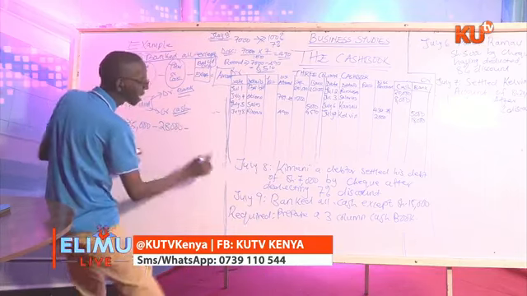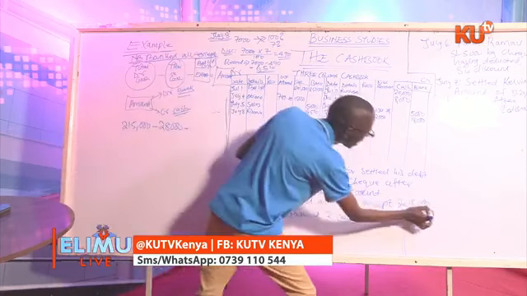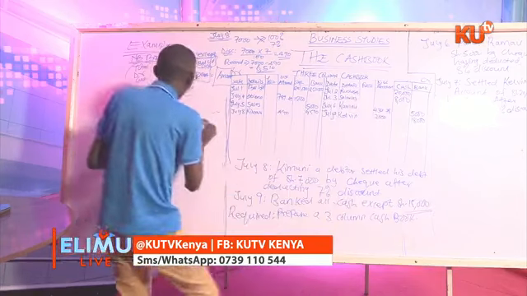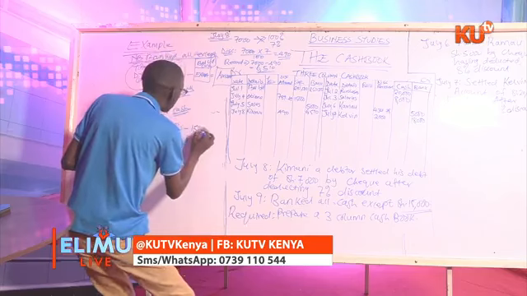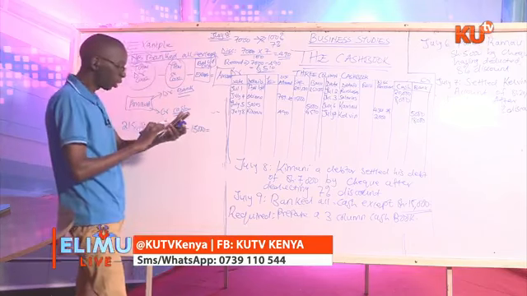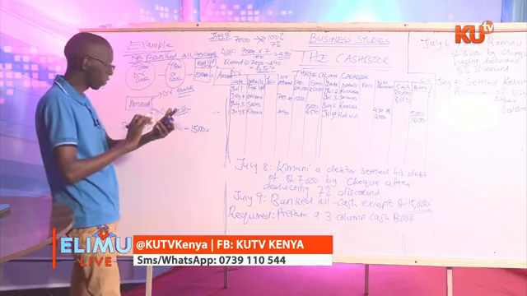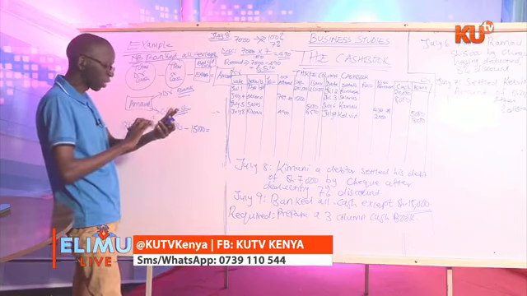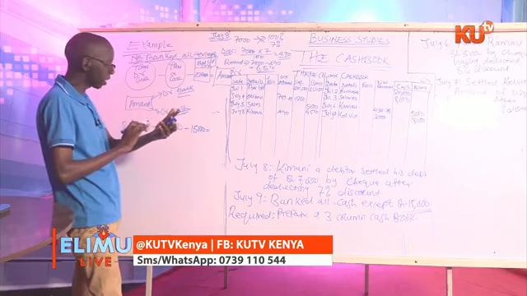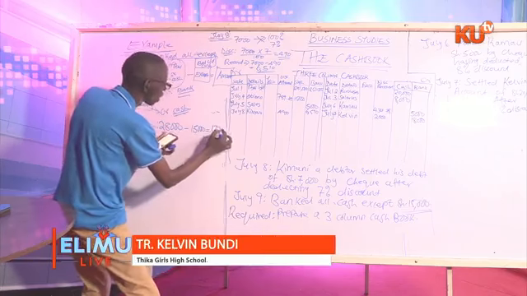So minus 28,000, and minus, you are told banked all cash except 15,000, so minus the except amount 15,000. What do we get, my dear student? 215,000 minus 28,000 minus 15,000, you get 172,000.